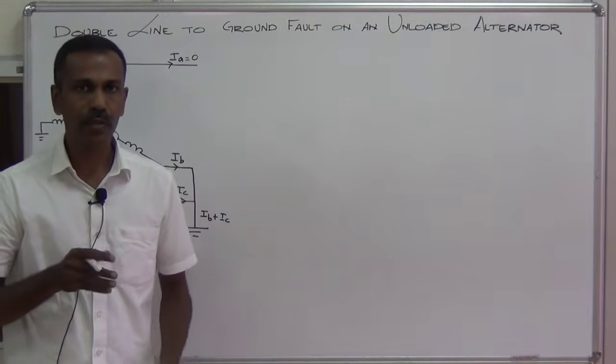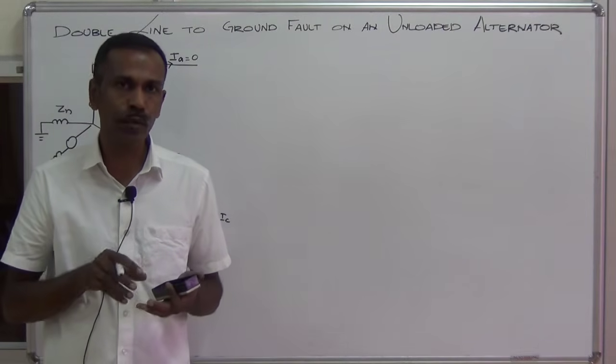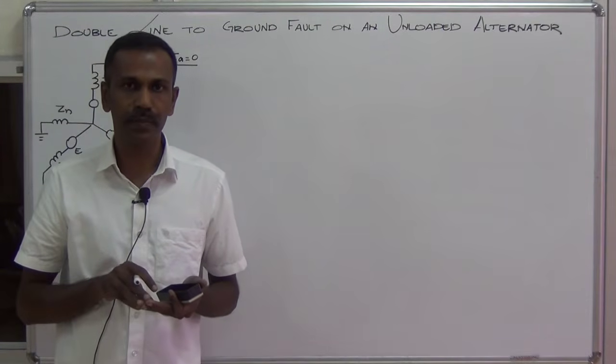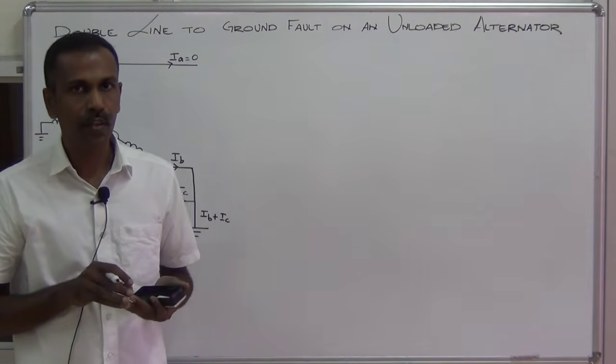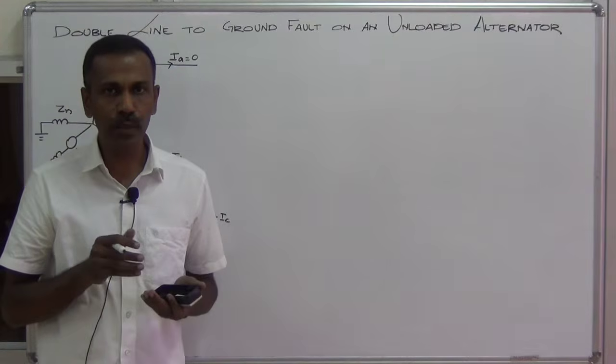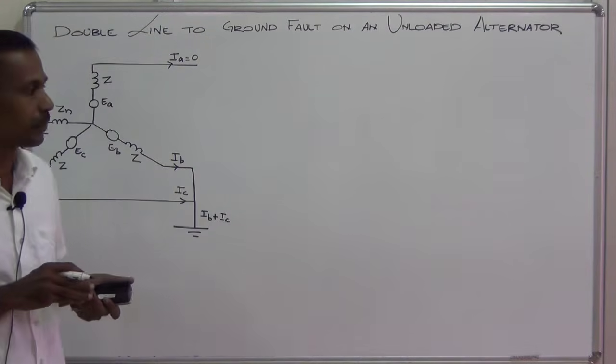Now you need to find out how the three sequence networks are interconnected, whether they are connected in series or in parallel. For that you need to find out the sequence currents and the sequence voltages.